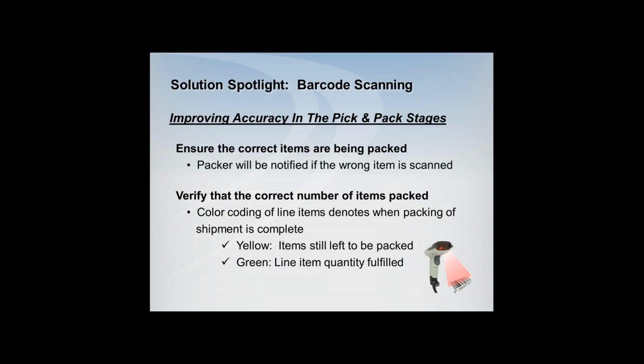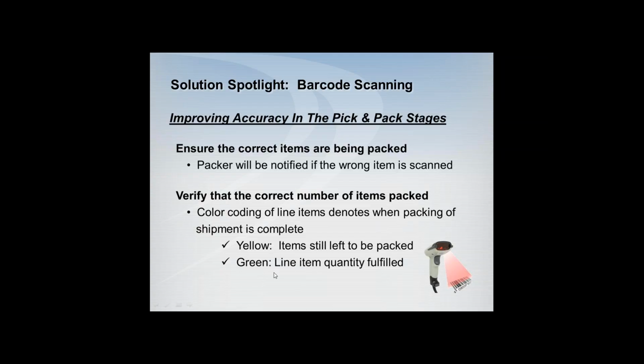So what you're going to see in a minute is that Freestyle has a great color coding system in place. Let's say, for example, a customer had ordered 2 of a specific item. When you scan the barcode of the first line item, it's going to turn yellow, signifying that you're not yet done packing that particular line item.